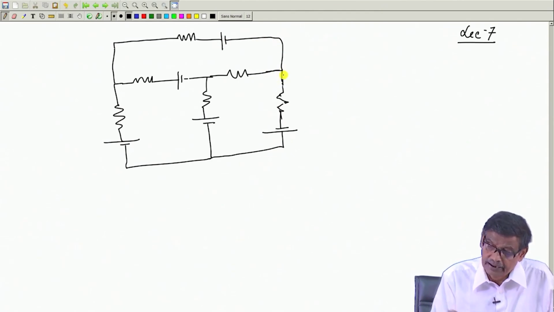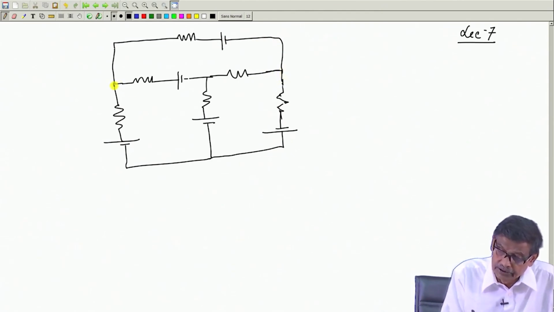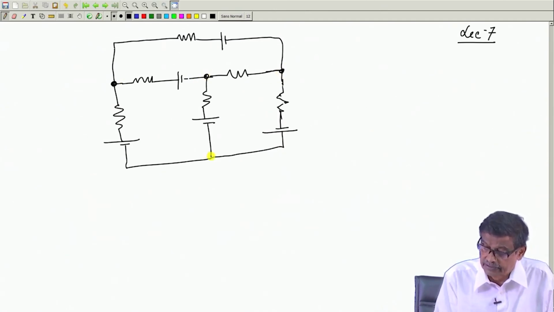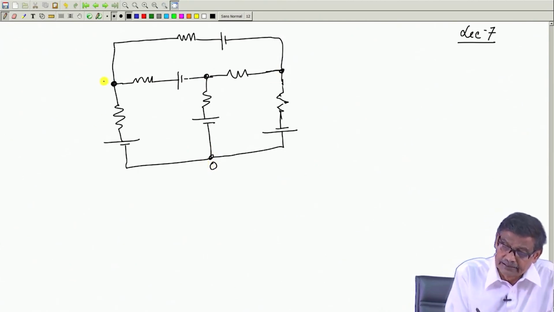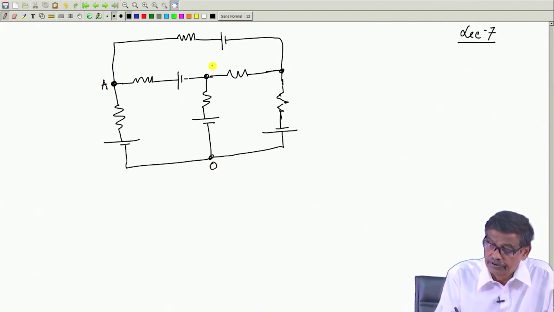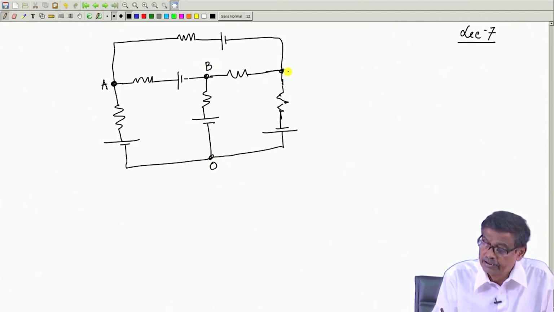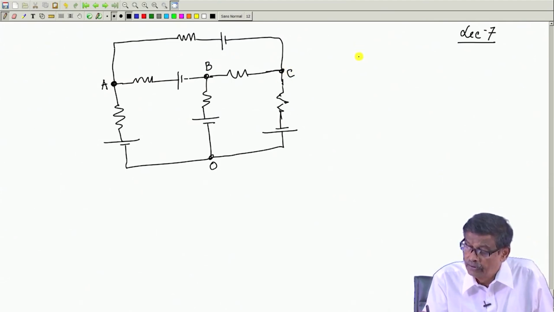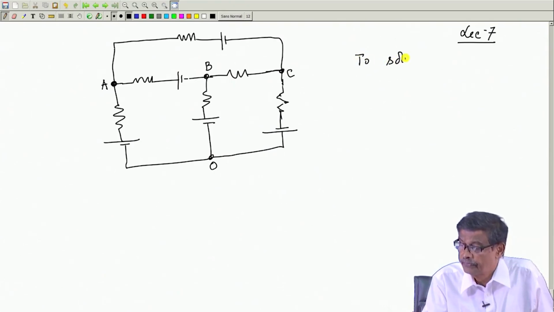I identify the nodes as usual. This is one node, this is another node, this is another node, this is another node, and I choose this to be the reference. The name of this node is A, this node is B, this node is C. Our target is to solve for VAO, VBO and VCO.